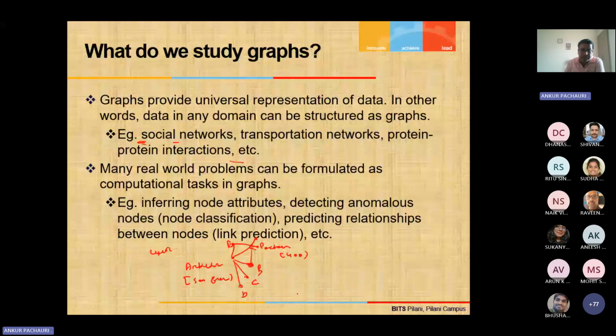Each user will have their own friends and a network can be constructed. So that is one type of network, which is the user connectivity. Who is connected to whom? And that is static.